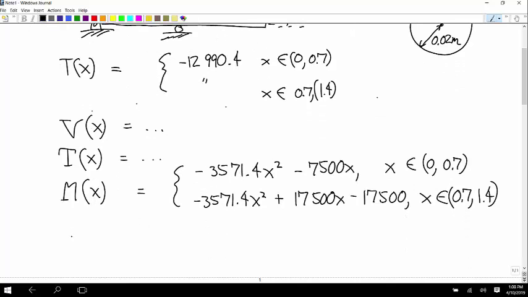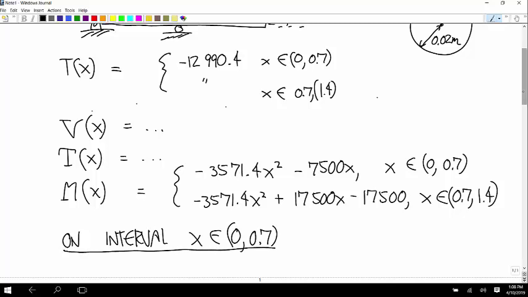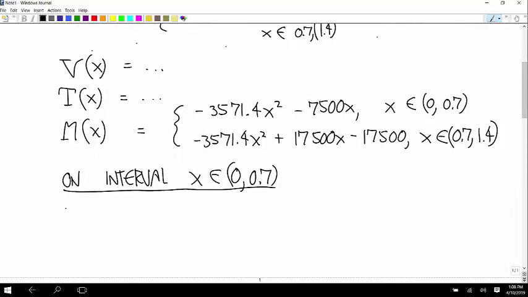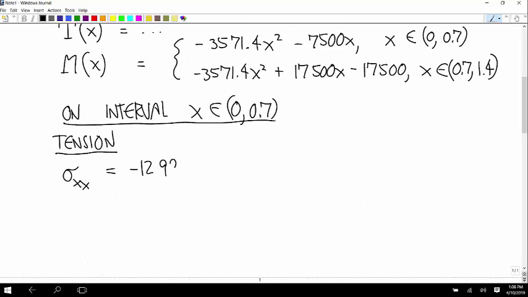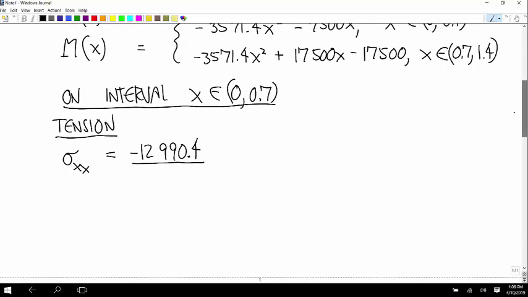So on the first interval, x values between 0 and 0.7, the stress due to tension compression is sigma xx equal to negative 12,990.4 divided by the cross-sectional area, which is pi times 0.02 squared.